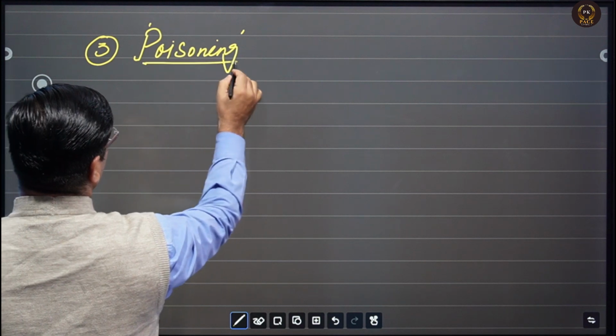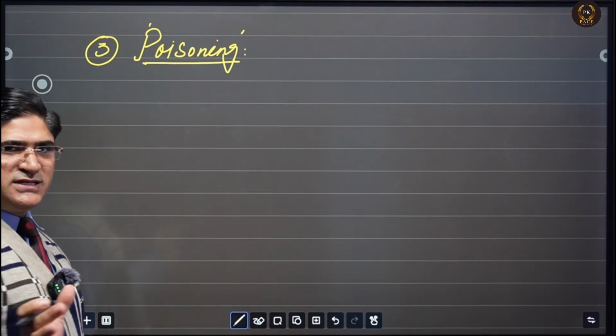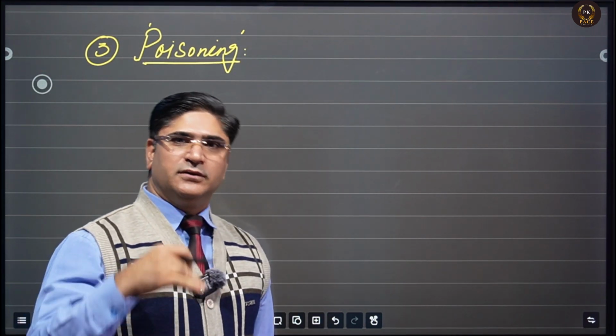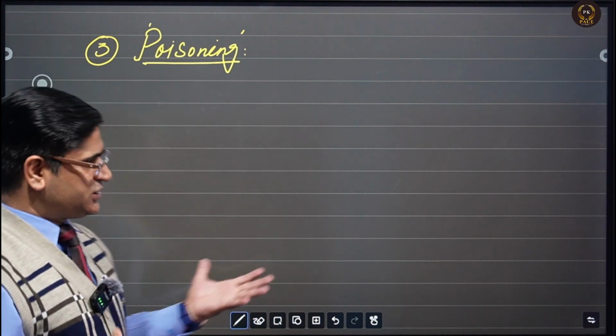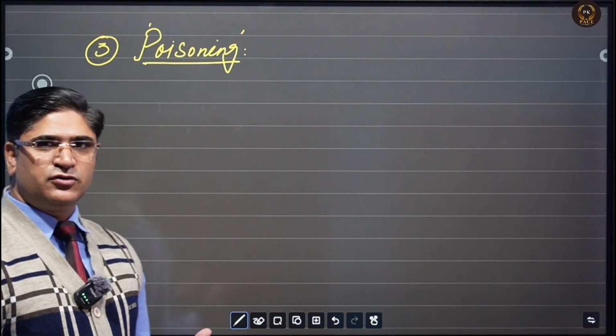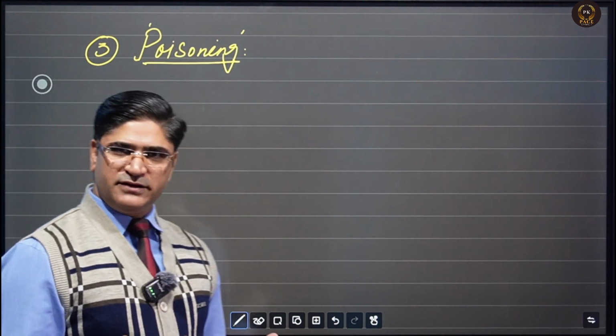It is going to be poisoning. Poisoning means here, this sample might have the chances that it may get contaminated by microbes or by fungi.